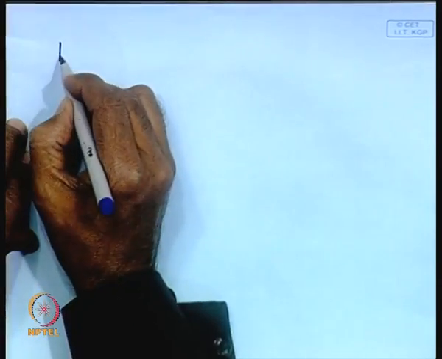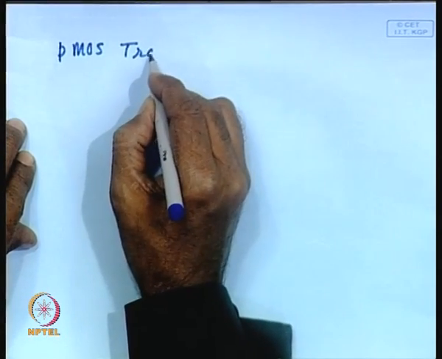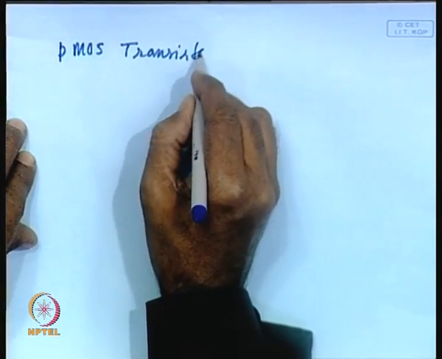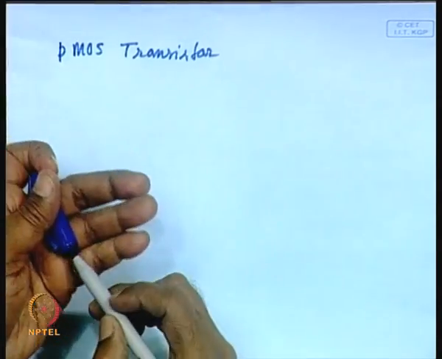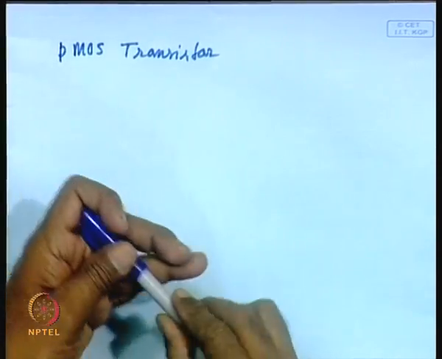What about the p type transistors? Actually, that can be drawn, say PMOS transistors. We shall not derive the expression for that, I shall simply show you the characteristic curve, how it will look.